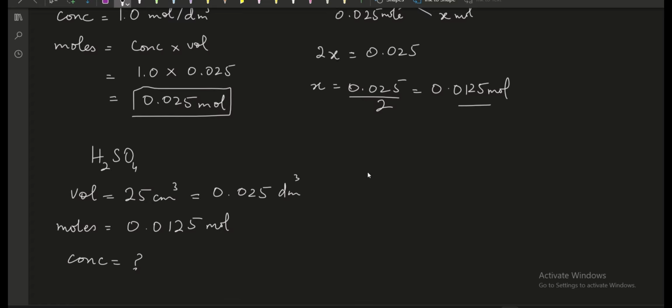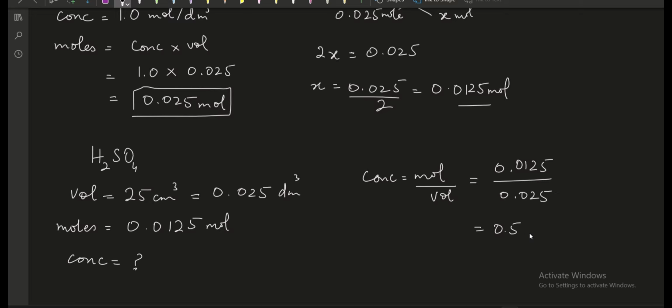Alright, so the formula for concentration is equal to moles per unit volume. Just put in the values. It is 0.0125 divided by 0.025, and you will get the answer.